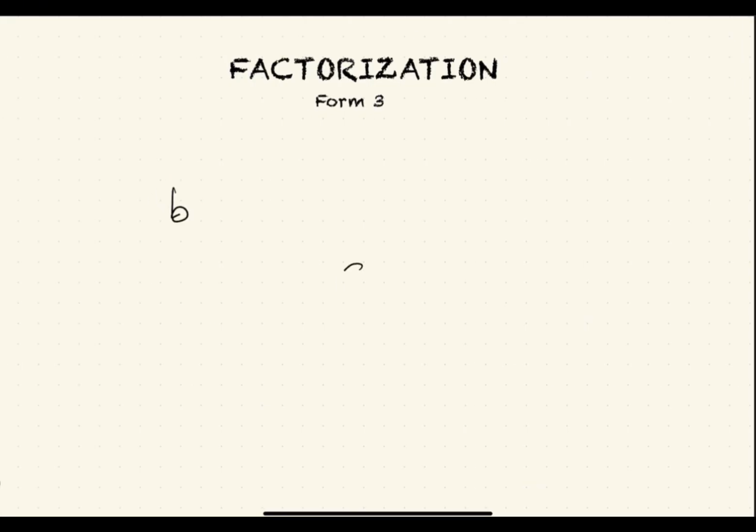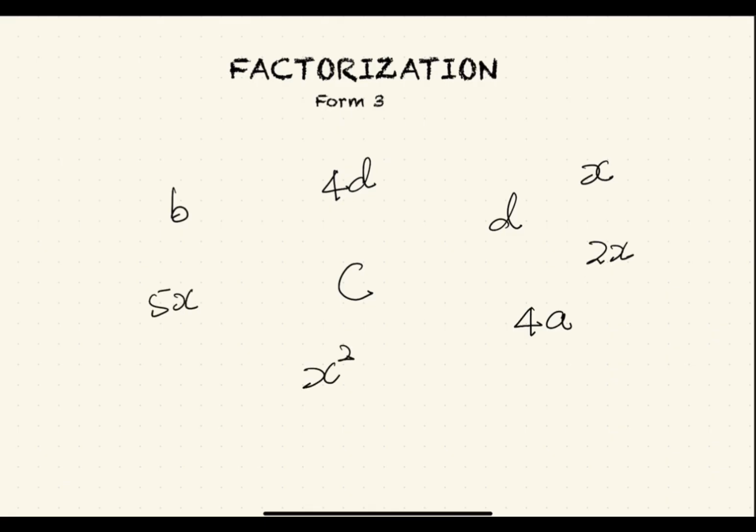You'll come across expressions like A, expressions like B, expressions like C, expressions like D, expressions like 4A, 4D, X, 2X, X squared, 5X. Any letter that you can think of, even if you combine two letters, they're expressing something.